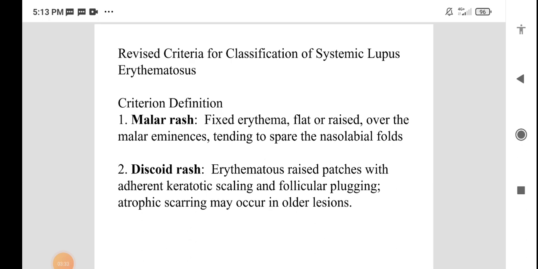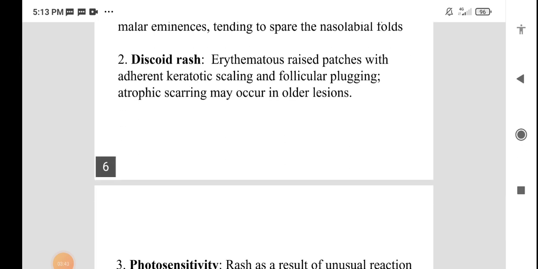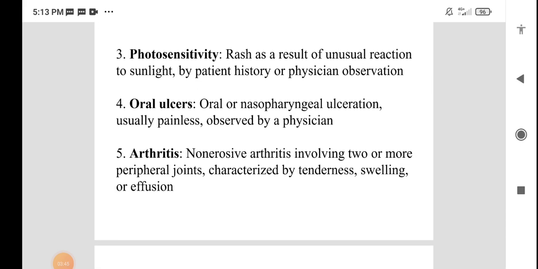Discoid rash: erythematous raised patches with adherent keratotic scaling and follicular plugging. Atrophic scarring may occur in older lesions. Photosensitivity: rash as a result of unusual reaction to sunlight by patient history or physician observation. That is very much to be noted here, photosensitivity.